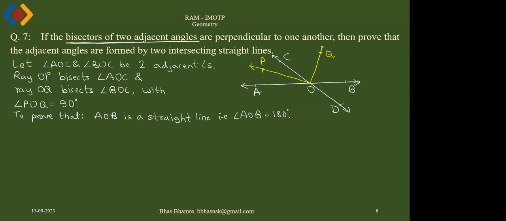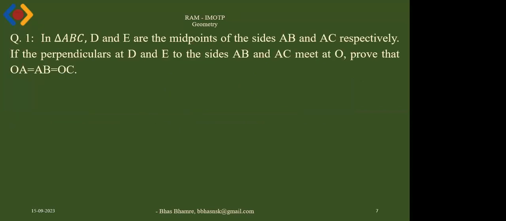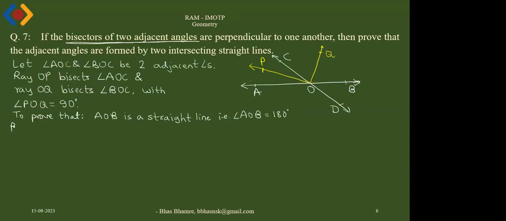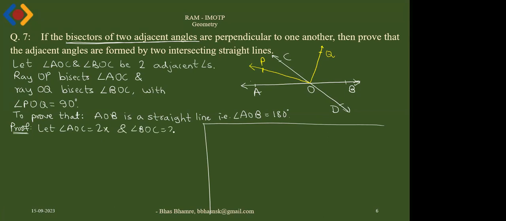What we can do here, we say let angle AOC be 2x and angle BOC be 2y. It is convenient to consider their measurements in shorthand notation, small letters. Instead of saying angle AOC, I consider it as 2x.